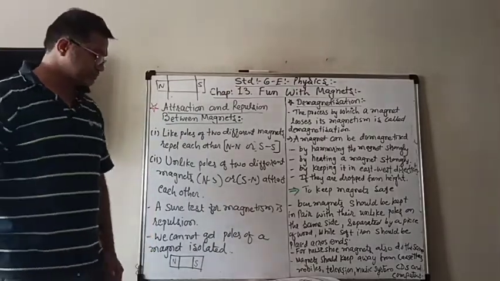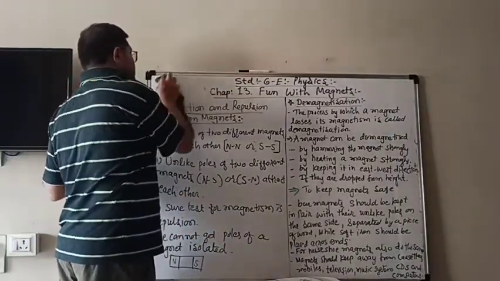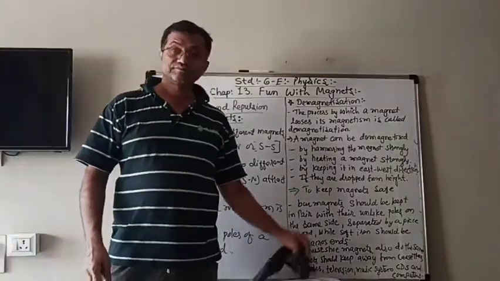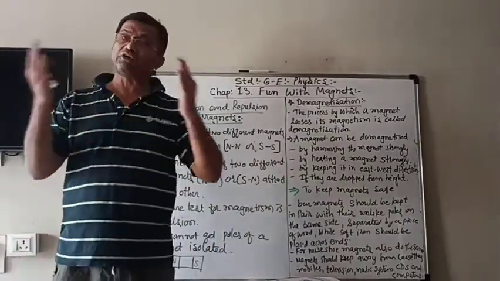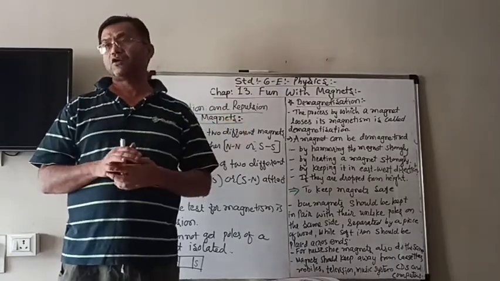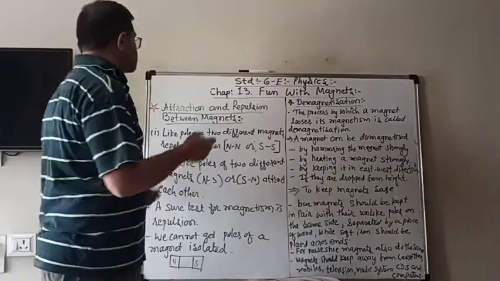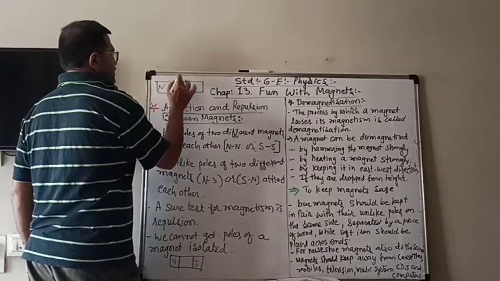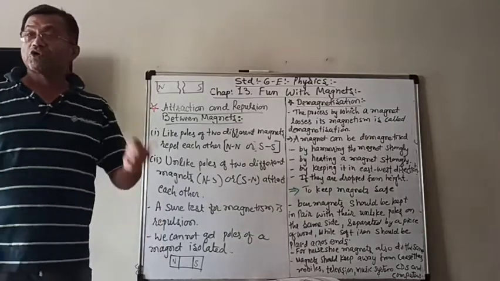But actually, when we cut a magnet into two or more parts, the poles cannot be isolated. It means that in one of the pieces, only a north pole cannot be there, or in one of the pieces it cannot be only a south pole. Whenever you cut the magnet like this, suppose you cut it from here, it was N here, S here, then what will happen?